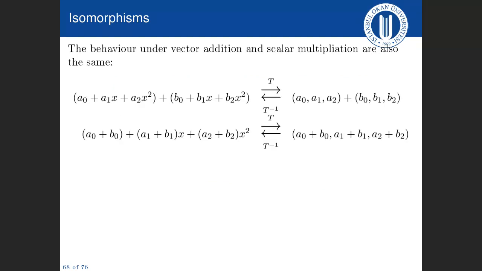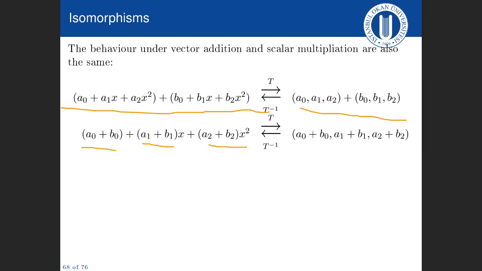That means the behavior under vector addition and scalar multiplication are also the same. On the left, if we add two polynomials together, we're going to get A0 plus B0 plus A1 plus B1 x plus A2 plus B2 x squared.